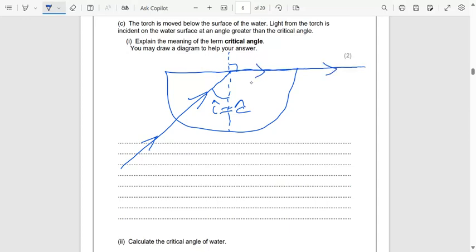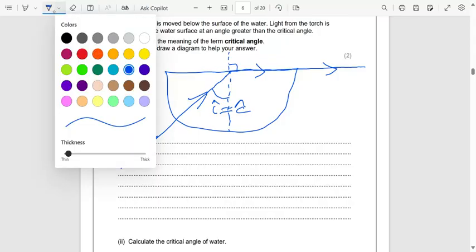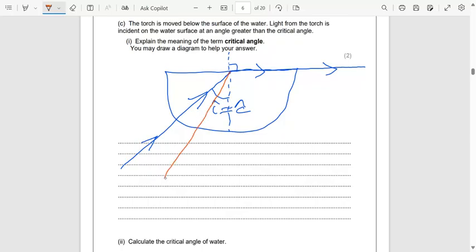And that's because when the angle of incidence is equal to the critical angle, that's like a boundary condition. Let me just change the color of my pen for a moment. If I is less than C, then you'll get some reflection, but mostly refraction.